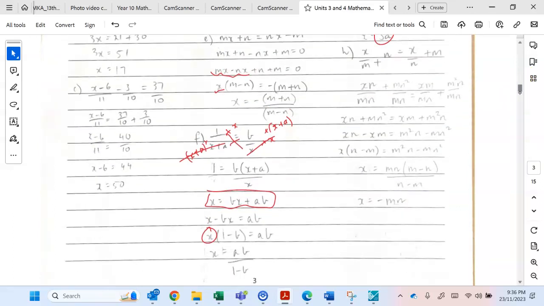So question H, excuse me. All right, so we've got two different denominators and we can't do any cross multiplying here because of these lovely plus signs. All right, we can't do that yet. But you can see in this second row, I've just made everything have the same denominator, mn.